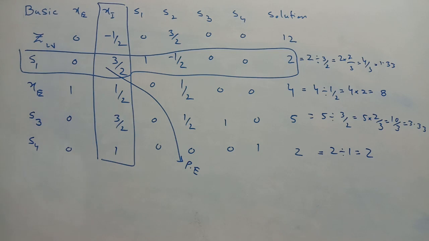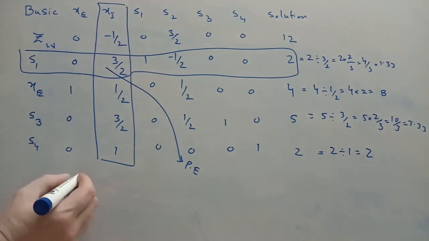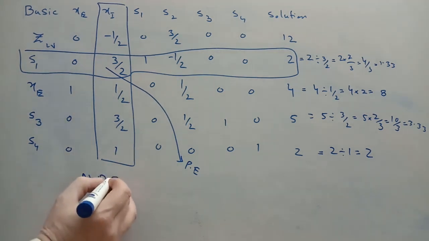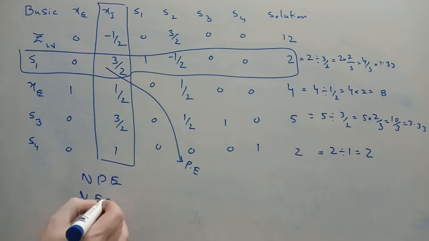Now again you have to find the new pivot equation and the new equations. New Z, we will not find new S1, we will find new XE, new S3, new S4. The formula I have already given you.